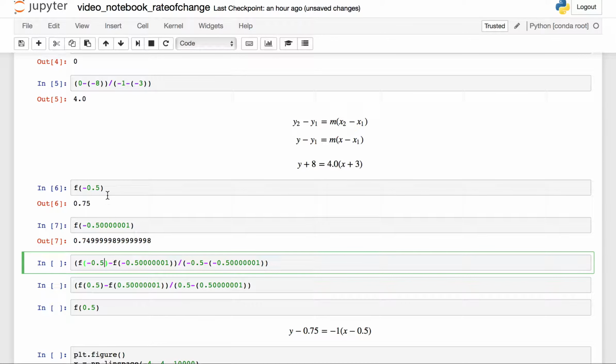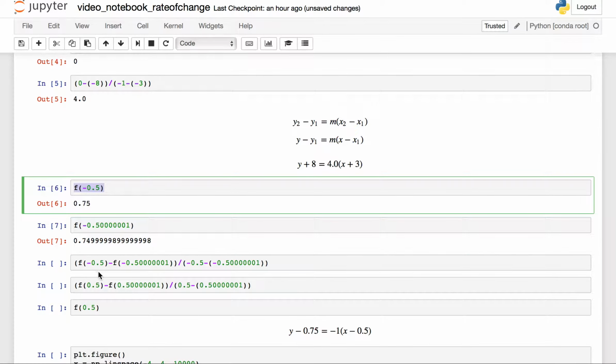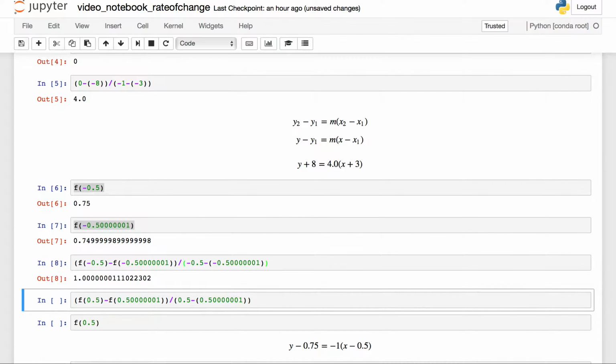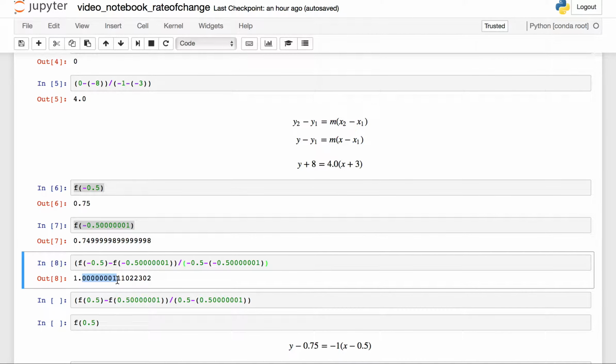Here's y2, f of negative 0.5 with a bunch of zeros and a 1 just to the right of it, minus y1, f of negative 0.5, and similarly the x coordinates, and we get a slope of 1 point with 6 or 7 zeros and then a 1.